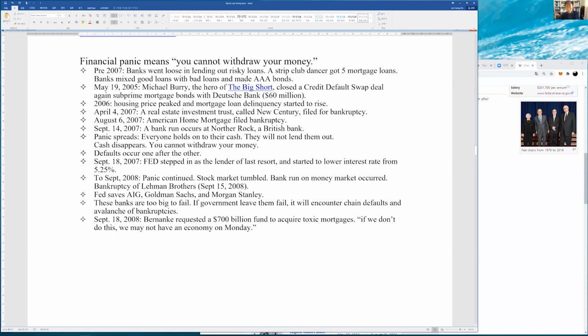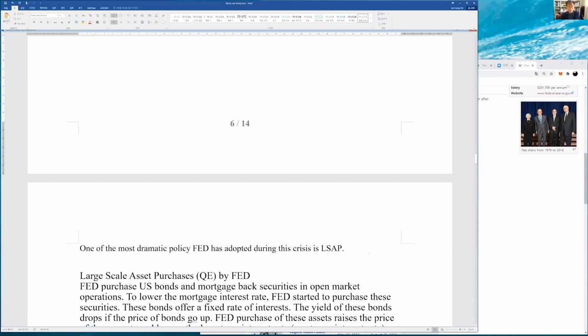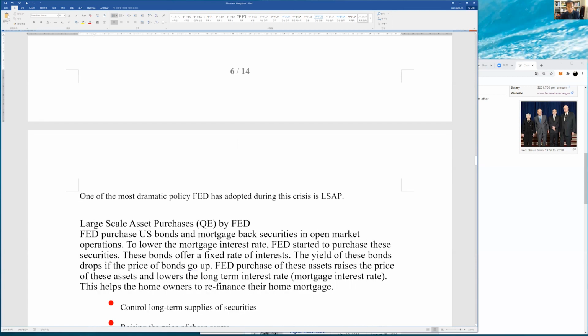Even though these are bad ones, the Fed can do that in order to make the financial market stable. He said that if we don't do this, we may not have an economy on Monday. That's what happened in the financial crisis.